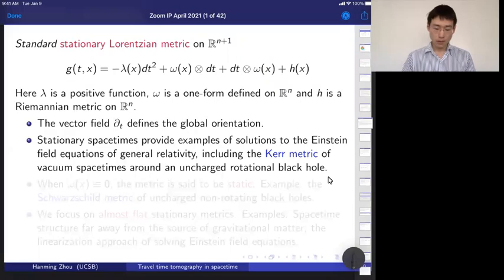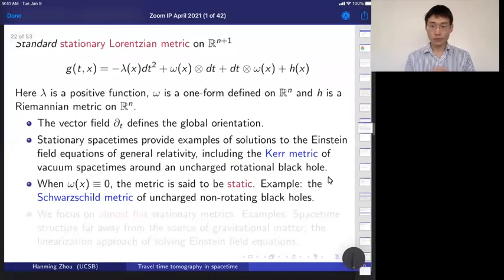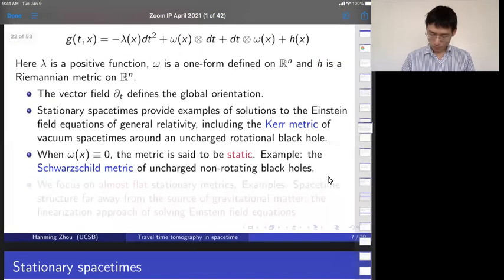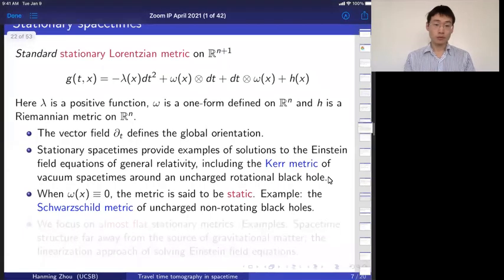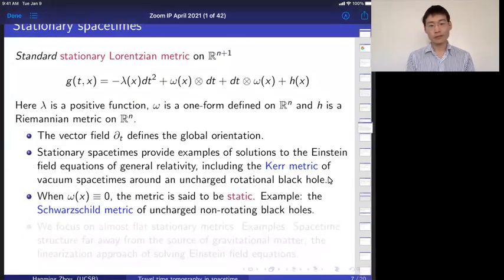There's a special case where this mixed part, omega, is 0. In that case we only have the pure time part lambda and the pure spatial part h, and the metric is called static. So it's a special case of the stationary metric. One typical example is the Schwarzschild metric of the irrotational black hole.